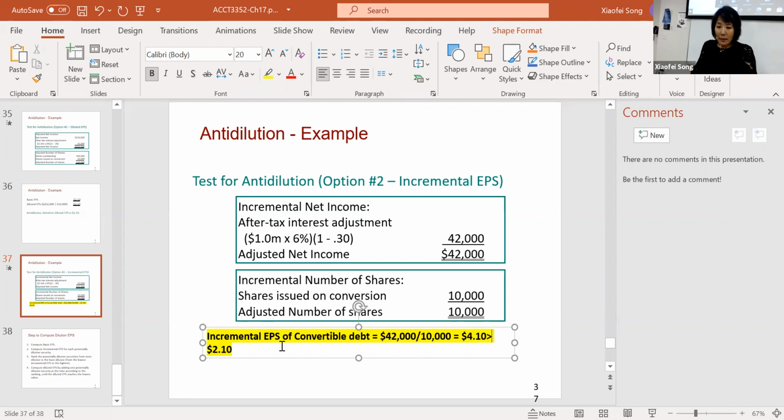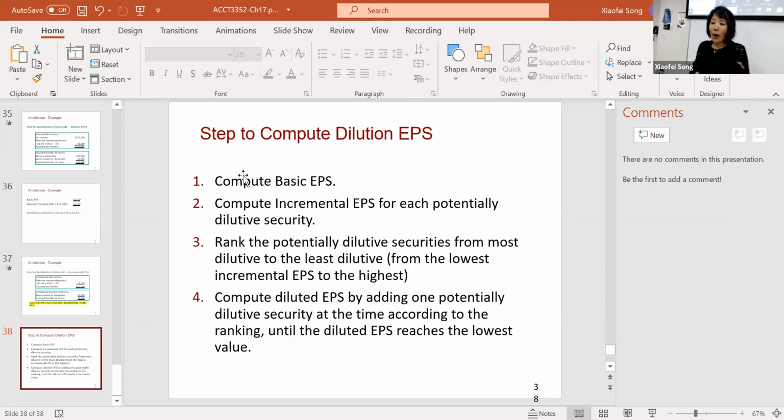So that's the base for our computation of a complex, comprehensive problem. There are these steps, and if we follow them, we will always be able to get to the maximum dilutive earnings per share.